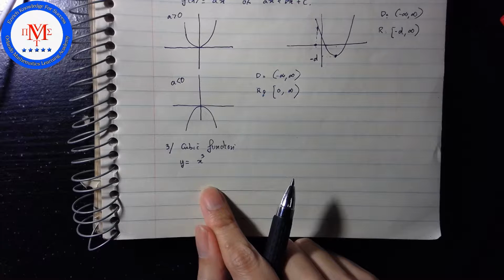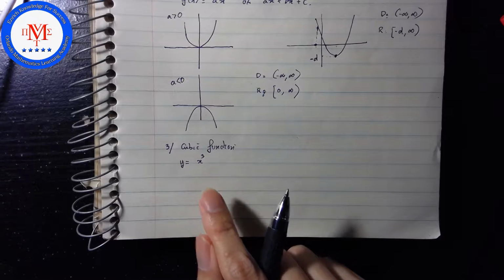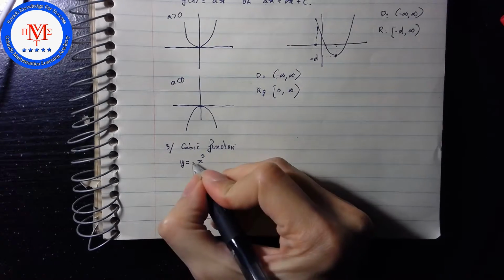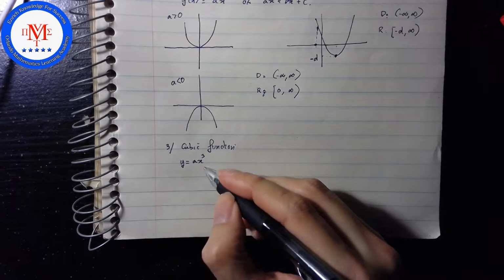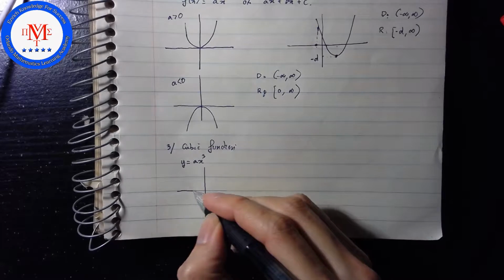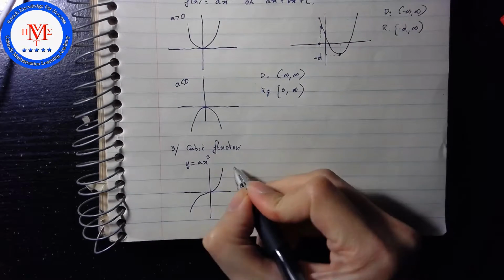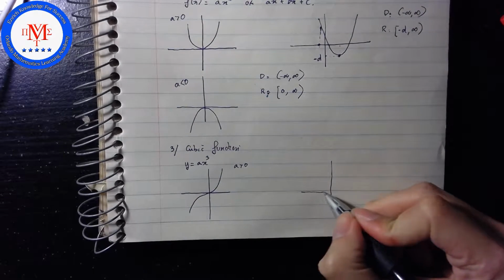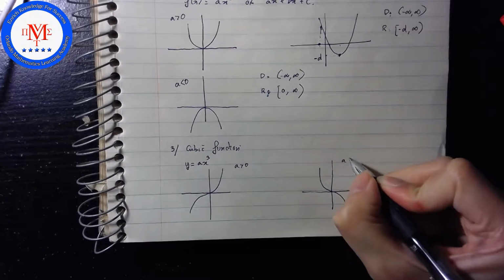Right now you just learn y = ax to the third power. If a is positive, the cubic function looks like this. And if a is negative, the cubic function looks like this. And domain and range will be from negative infinity to positive infinity.